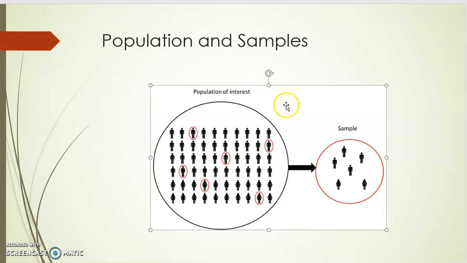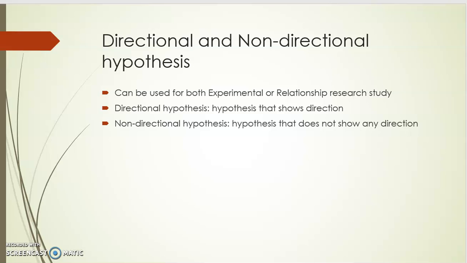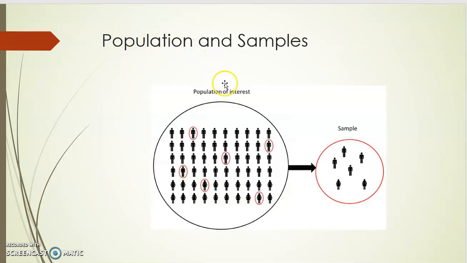So here is a picture, an infographic of a population and a sample. Say, for example, you want to conduct research about Malaysians. You have the whole population of Malaysia, but I believe it is utterly impossible for you to conduct an experiment or to hand out questionnaires to the whole Malaysian people.